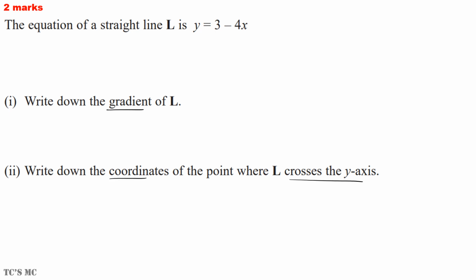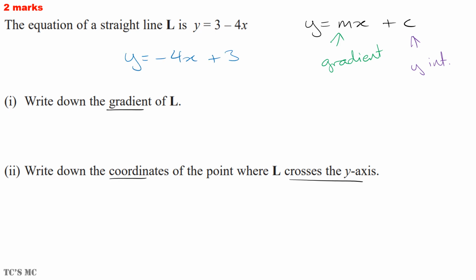To work this out, we first need to remember that the equation of a line should be in the form y equals mx plus c, where m is the gradient and the plus c is the y-intercept. If I rearrange the equation given, we end up with y equals negative 4x, add 3.